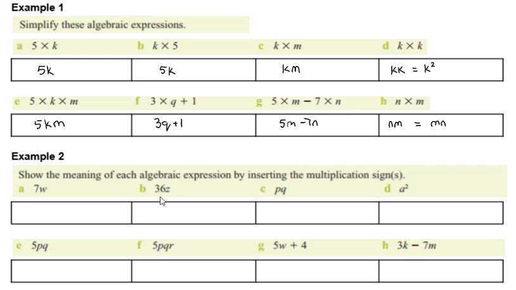Right, example 2 is just reversing the process and making sure we put in a times sign when it's required.